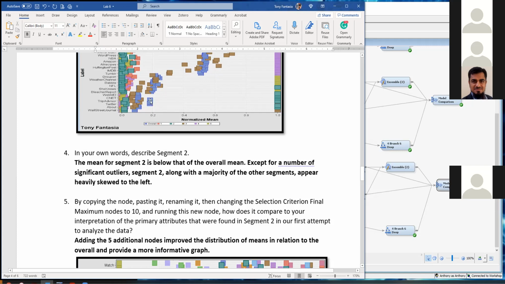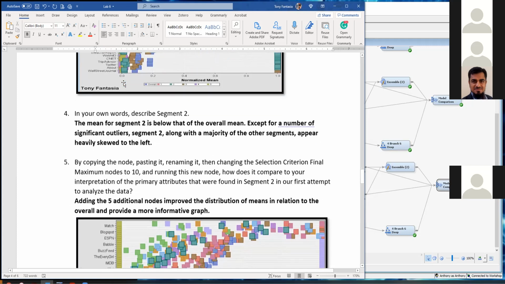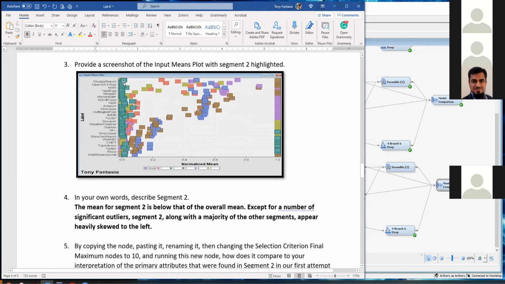Segment 2, along with the majority of other segments, appear heavily skewed to the left side of the chart. It's not an informative graph. There's too much information shoved over into the far left side, and none of this really means anything because you have all this over here just indecipherable.